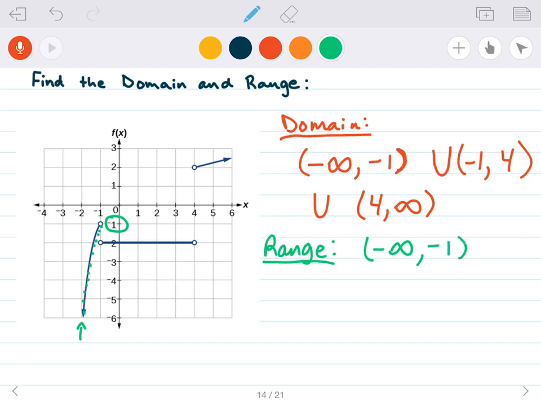Then there's a jump. There's a bunch of y values that don't get hit, until right here. So we jump all the way up to y equals 2. We're going to union this starting at y equals 2, and the arrow tells me it goes off up to infinity. So that is going to be my range here.